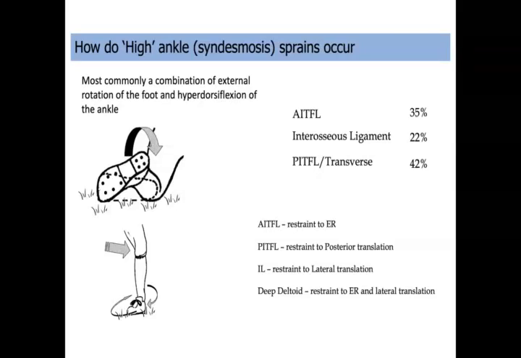The AITFL is the primary restraint to external rotation. The deep deltoid is a restraint to external rotation and lateral translation, and may also be injured with this mechanism of injury. The PITFL is a restraint to posterior translation, and the interosseous ligament is the restraint to lateral translation.